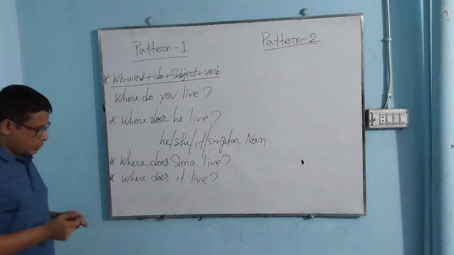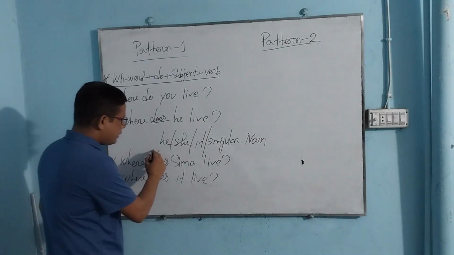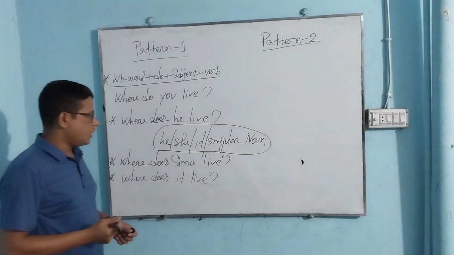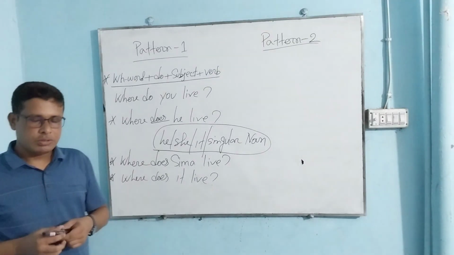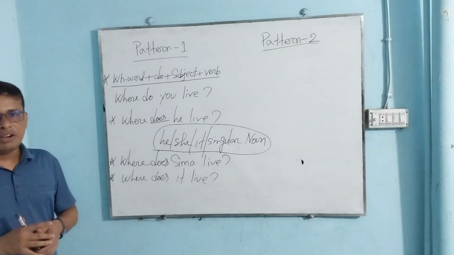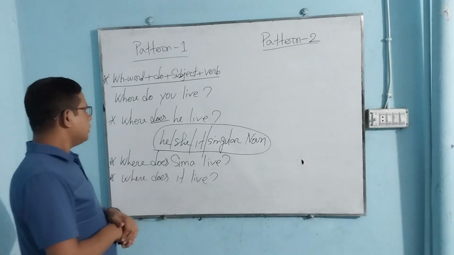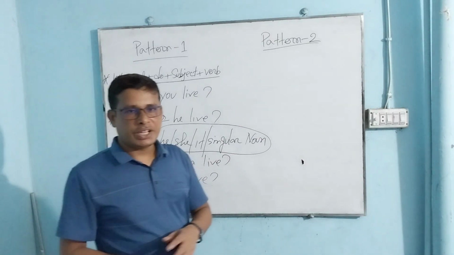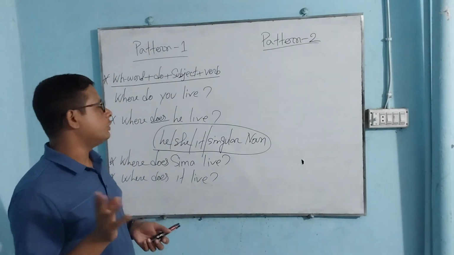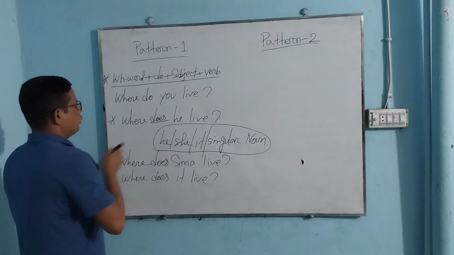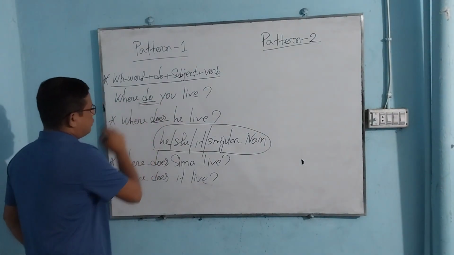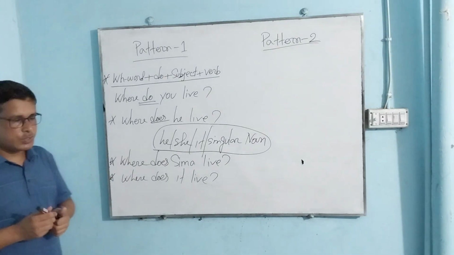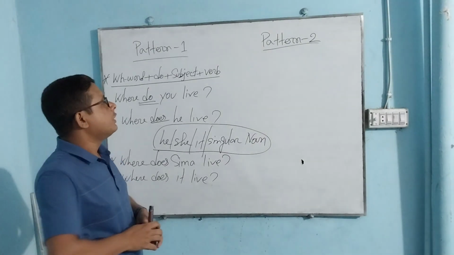Okay. So we have learned an important thing, and that is if the subject is he, she, it, or any singular noun, we have to use does in present simple tense. But if we use I or you as a subject in a sentence, then we will use do. Okay. These are the rules of pattern 1. Students, got it? Yes. Okay.